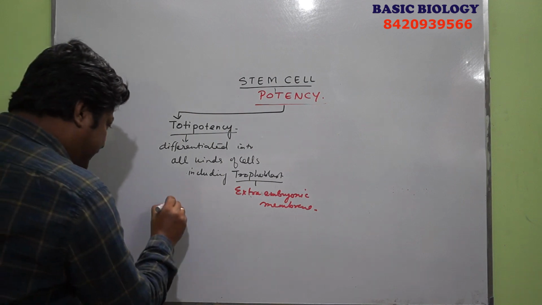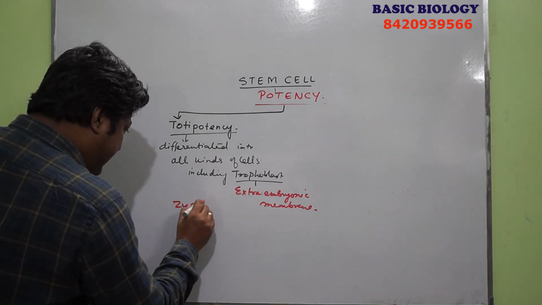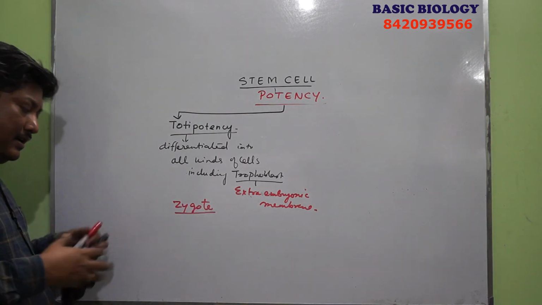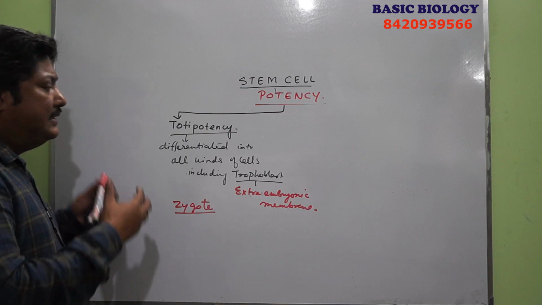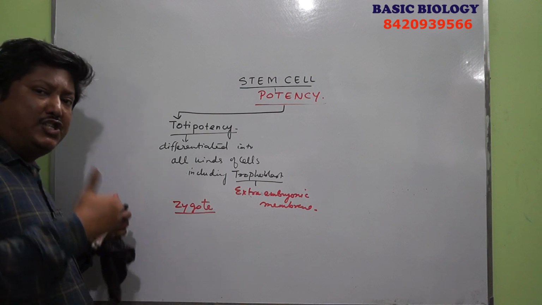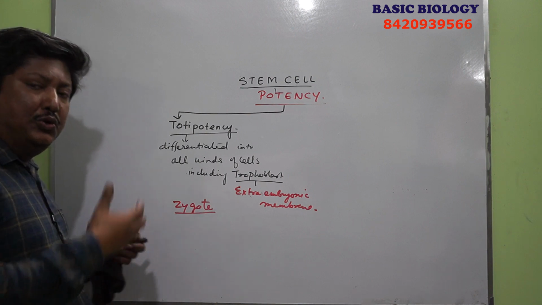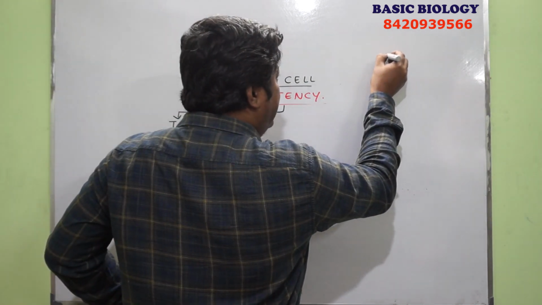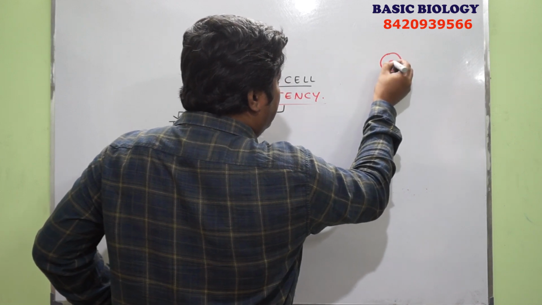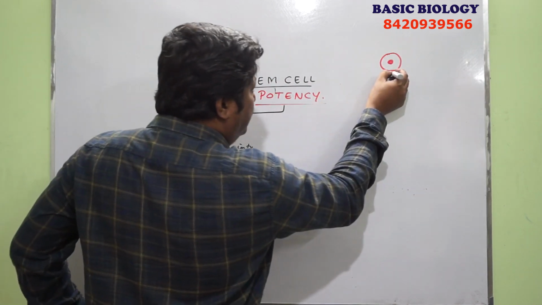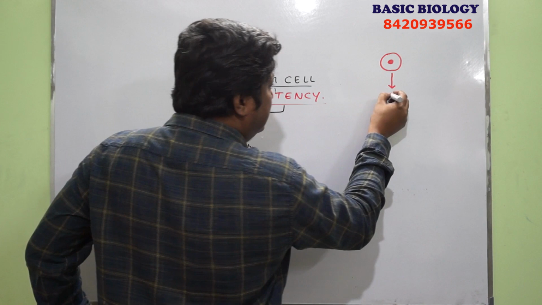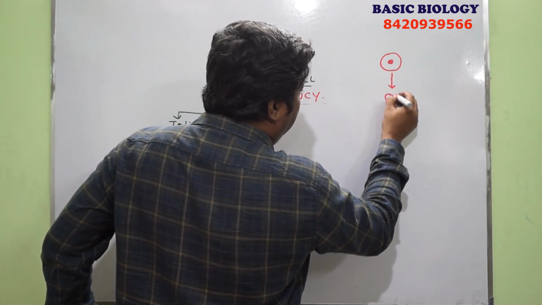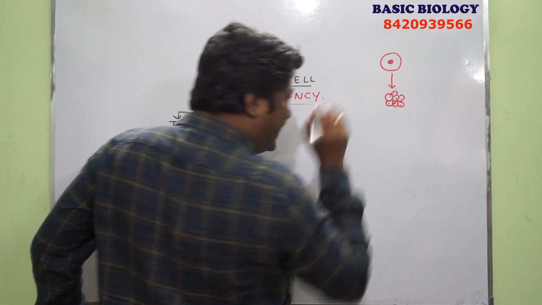Mainly the zygote is the totipotent stem cell, but many say that the 2 to 4 stage blastomeres are also totipotent in nature. That means this is the zygote, and this zygote undergoes multiplication to form blastomeres.